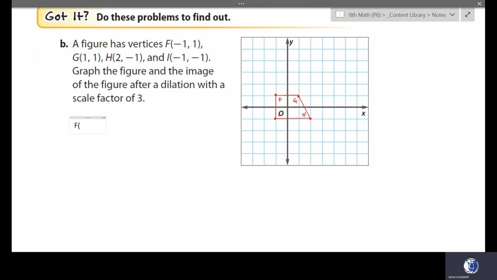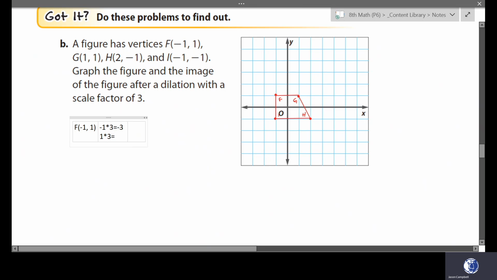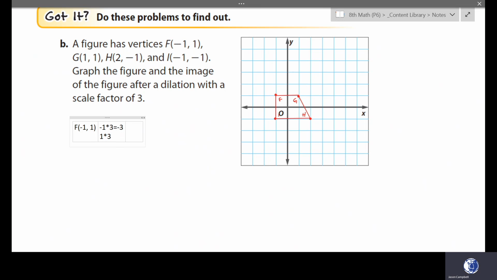So if point F is at -1, 1, well then I want to do -1 times 3, and I want to do 1 times 3. 1 multiplied by 3 is 3. Okay.